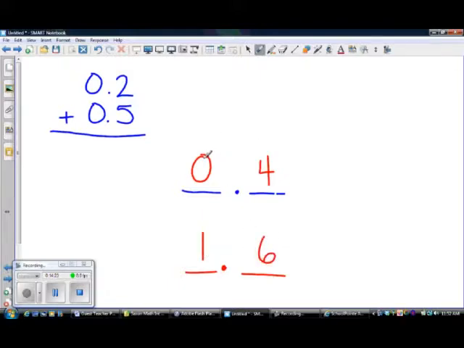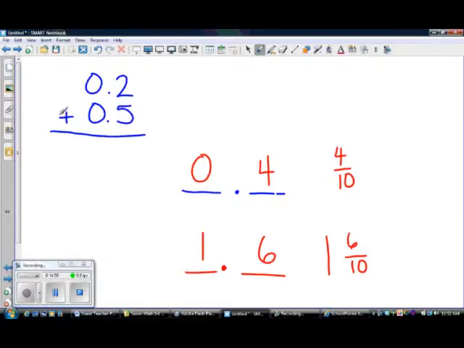Okay, we would say 0. You could say 0. You don't even have to say this if there's nothing there. You could just say plain old 4/10. And it could also look like this. Those are the same. And this one would be 1 and 6/10, wouldn't it? Okay. So I just want you to understand that decimals are really just another way to write fractions. Okay?